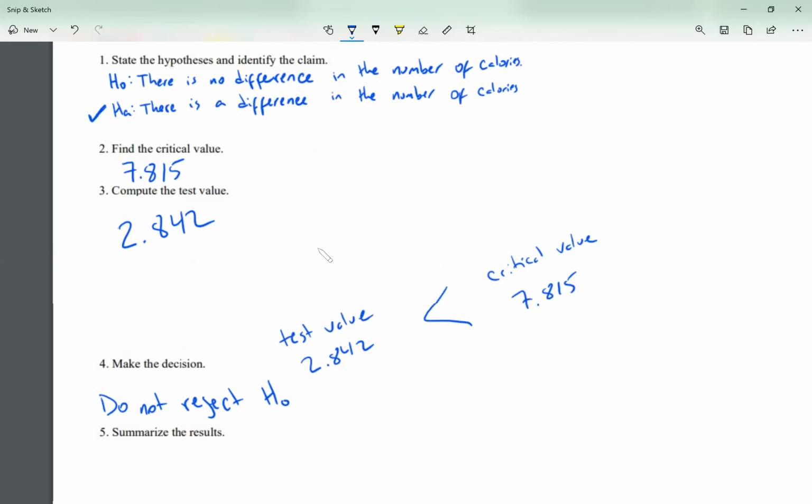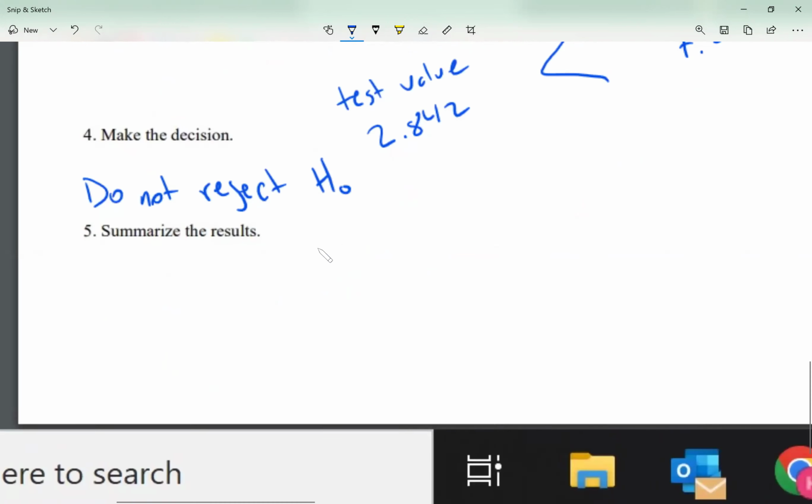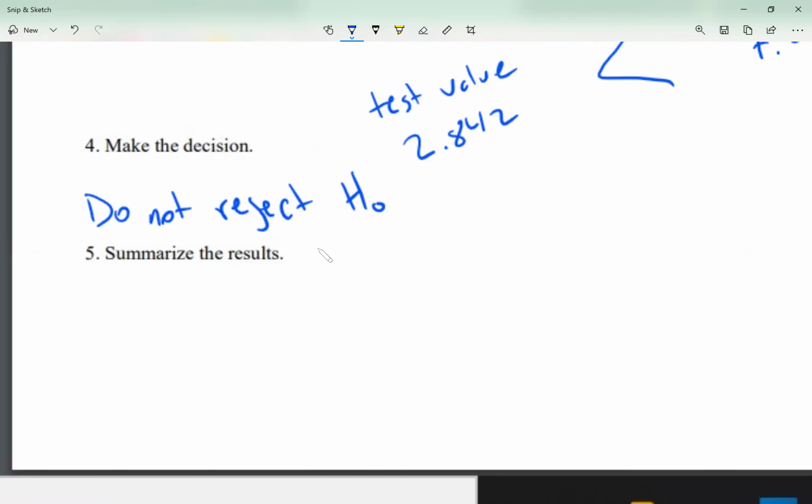Okay, so what does that mean? Remember how the null hypothesis was that there's no difference in the number of calories among the cereals? I cannot reject it. So I'm gonna say, yeah, there is no difference in the number of calories in the cereals. Now I'm gonna summarize my results. I didn't reject my null hypothesis.